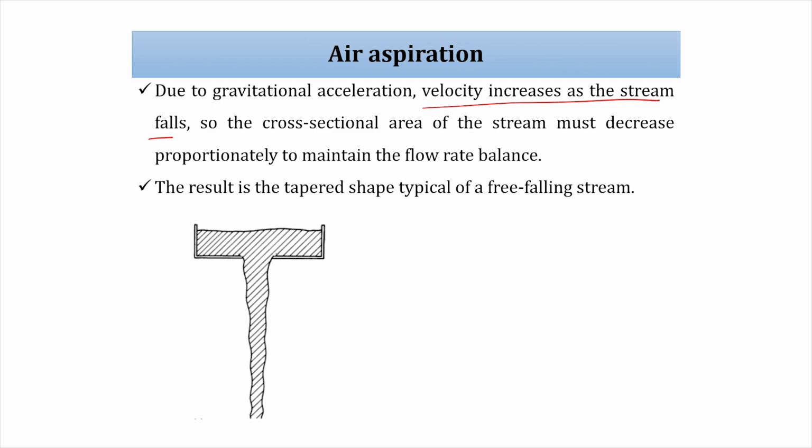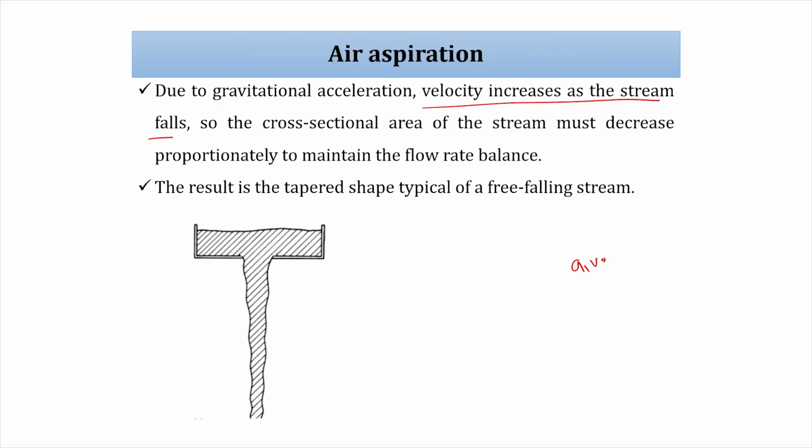As height is increasing, your velocity is increasing. So what happened? Rho A1 V1 equal to A2 V2. Here area is high, there area is low. Obviously, A1 V1 equal to A low V high, isn't it?